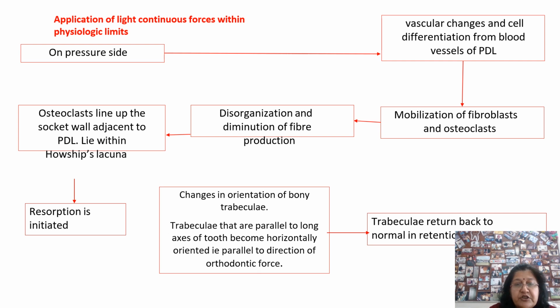After this, changes in the orientation of the bony trabeculae are seen. That is, the trabeculae which were parallel to the long axis of the tooth become horizontally oriented, that is, parallel to the direction of orthodontic force. During the retention phase of orthodontic treatment, these trabeculae return back to normal.